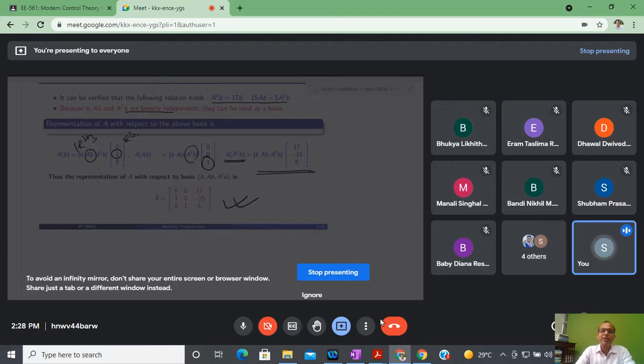And what is the requirement of a basis? I just need independent vectors. So I have a 3 cross 3 matrix, so I have selected 3 independent vectors. So what do you think, is a matrix represented using one coordinate frame or basis related to another basis or not? What is the obvious answer?